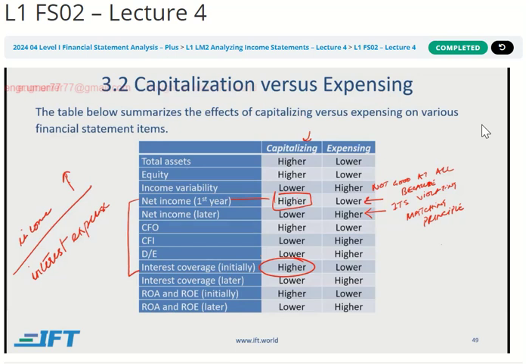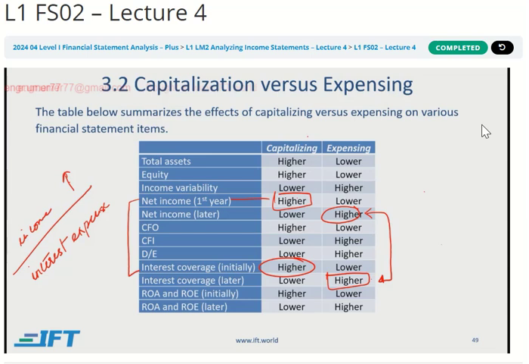But then later, obviously, compared to the expensing, it will be low. What happens in the expensing is that you book all that expense in the first year, and then later you have less expense to book. Later your income is higher, which means in later years your numerator in your interest coverage ratio will be higher, and that will lead to a higher interest coverage ratio in later years if you are expensing out in the first year.